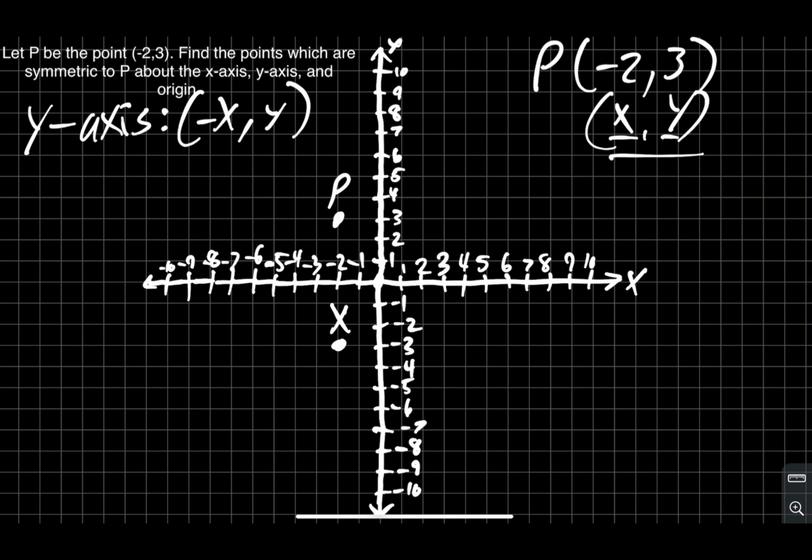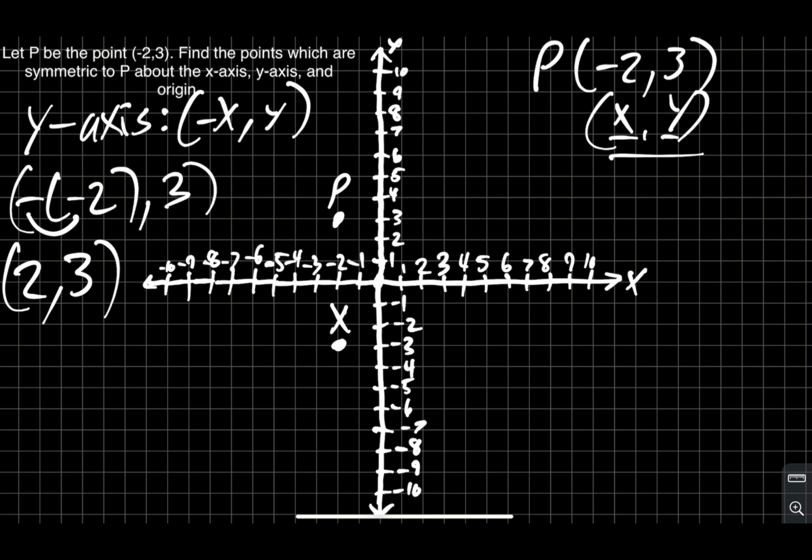So what do we do there? You can write that coordinate as negative, in parentheses, -2, and then 3. And we can simplify that. Negative times negative is going to give you a positive. So it's going to be +2 and then +3 for the point. When we label the point, it's going to be right here, and we'll label this point Y. So that's your answer.